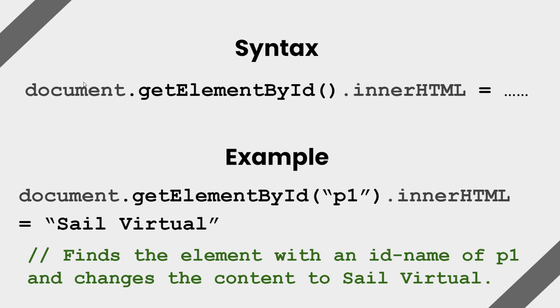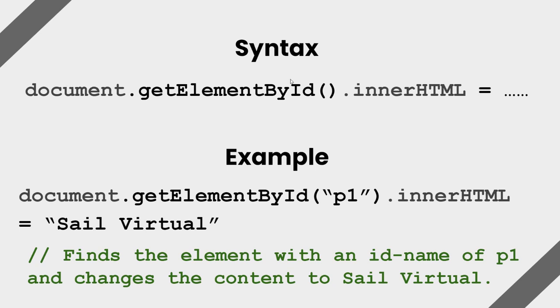After the document object, you have the method, and for the sake of simplicity, I decided to go over what we are already familiar with, which is the .getElementById method. And then lastly, we have .innerHTML, which is the property here.